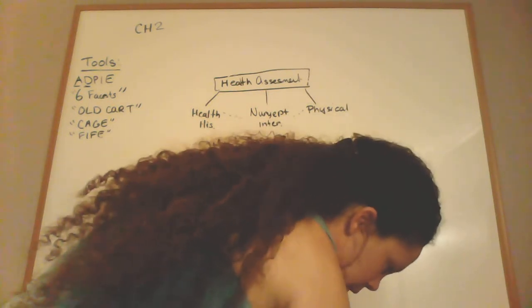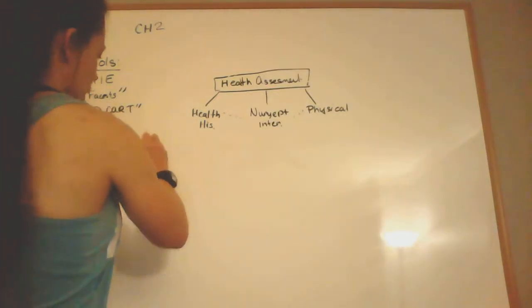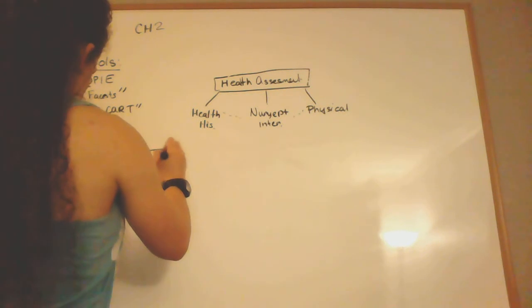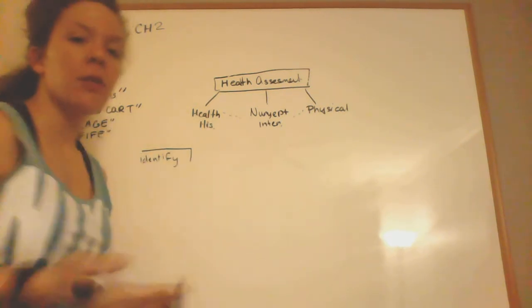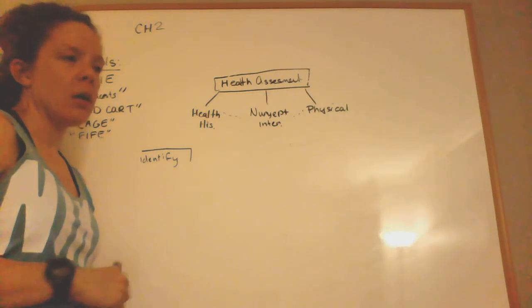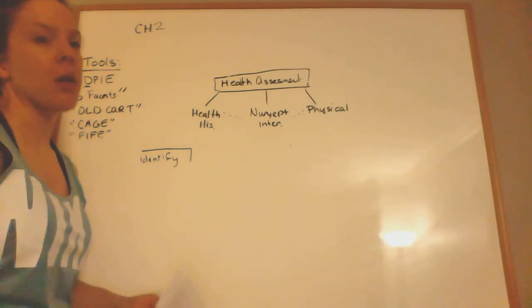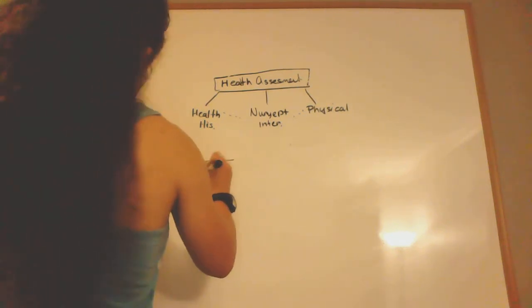The steps in critical reasoning, clinical reasoning, and I'm going to write it like steps. We're going to identify abnormal or positive findings. So if I test you for MRSA and you have MRSA, then it's a positive finding, right? Clustering.